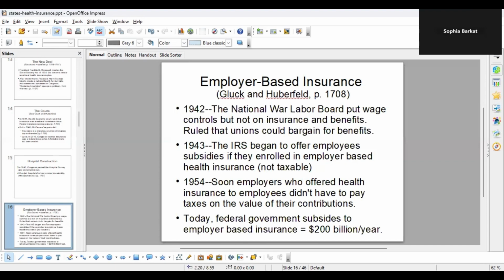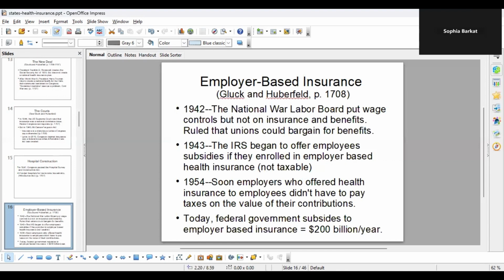So people are in an emergency situation during the war. So a new committee or board was created, the National War Labor Board. They're going to regulate wages during the war. But they decided not to do so for insurance and benefits.